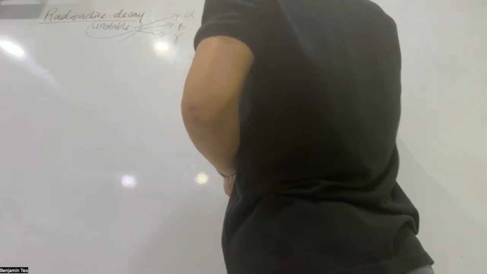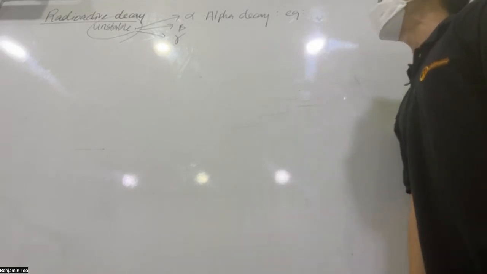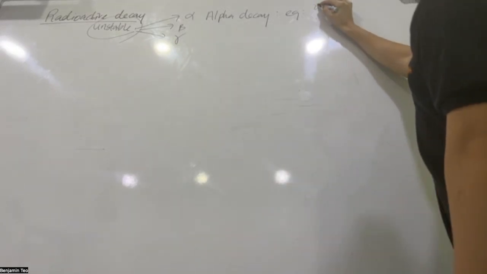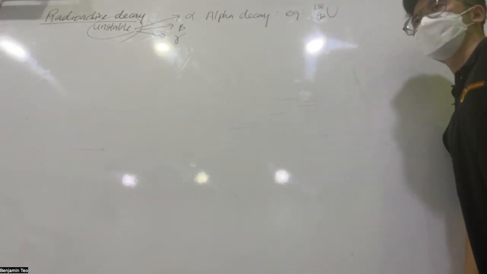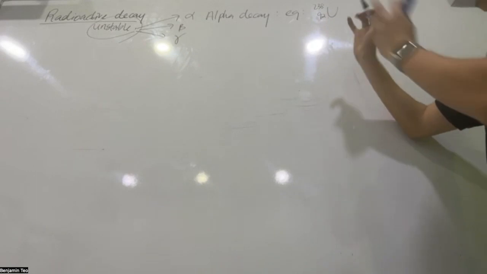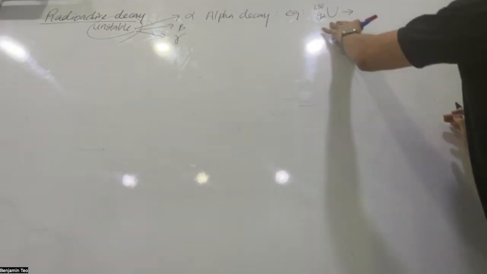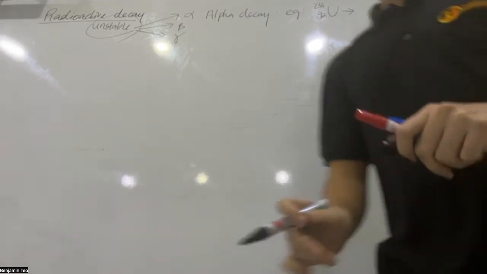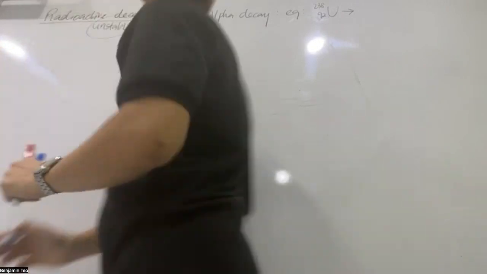So for example, let's say the radioactive element uranium-238, with proton number 92. It's a radioactive element. It's unstable. It can decay and give out alpha. So how do you write the equation? The alpha symbol, you have to remember, is He-4-2.